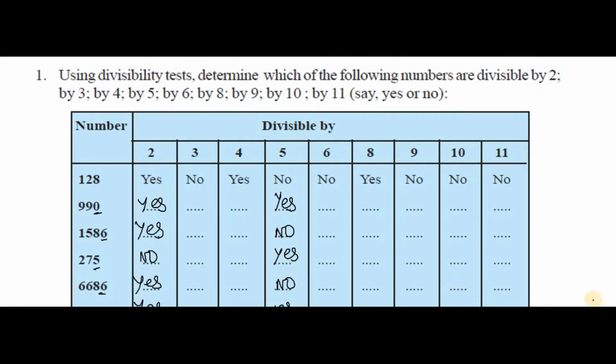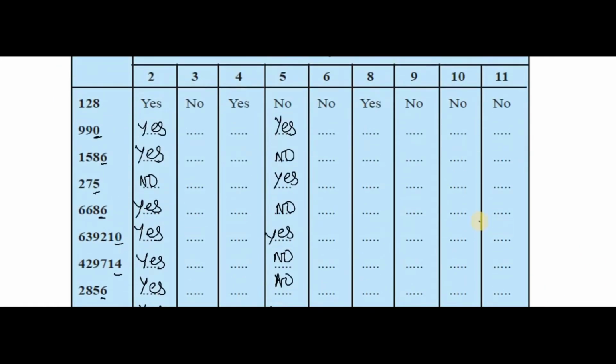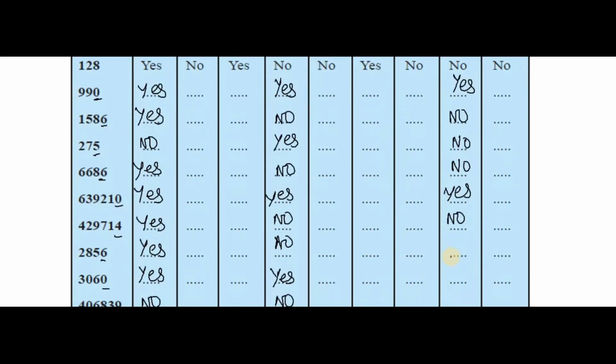Now we will go for the divisibility rule of 10. Why? Because if the last place is 0, then the number is divisible by 10, right? It should be only 0, not any other number. That is the only difference between the divisibility rules of 5 and 10.